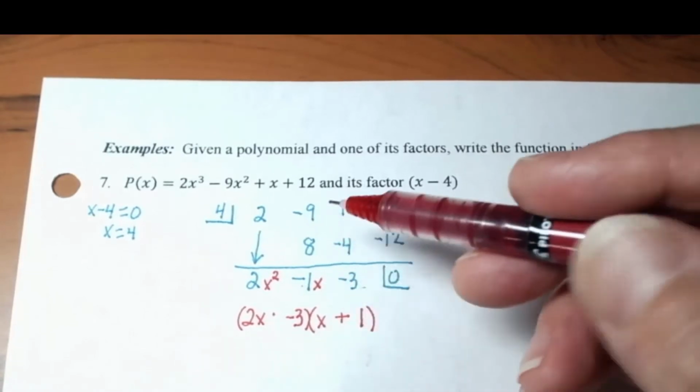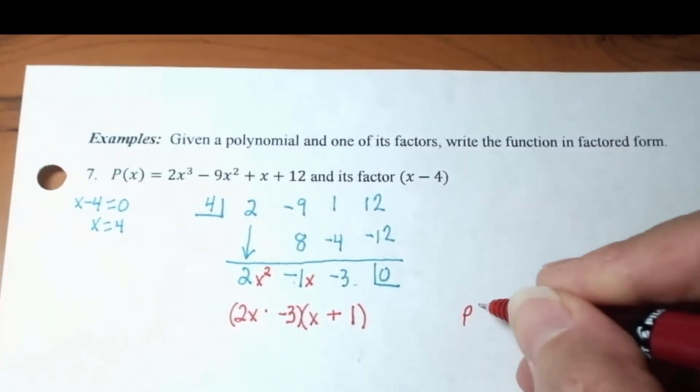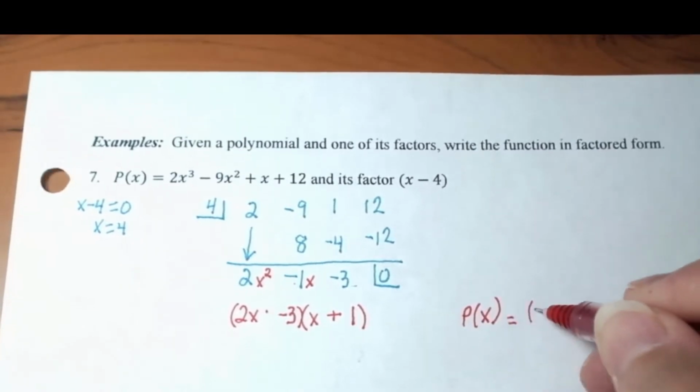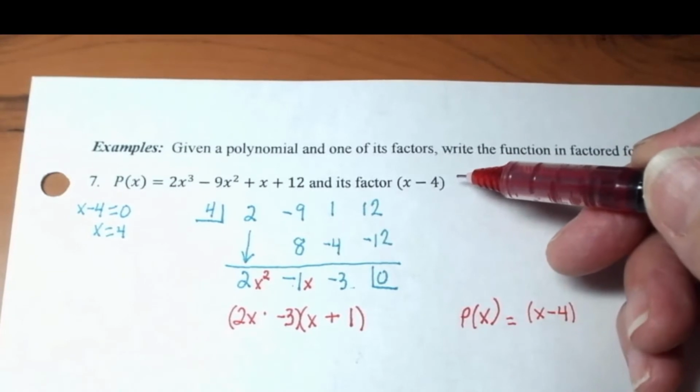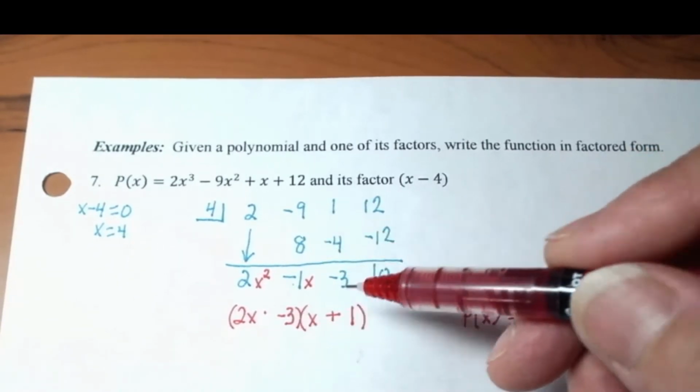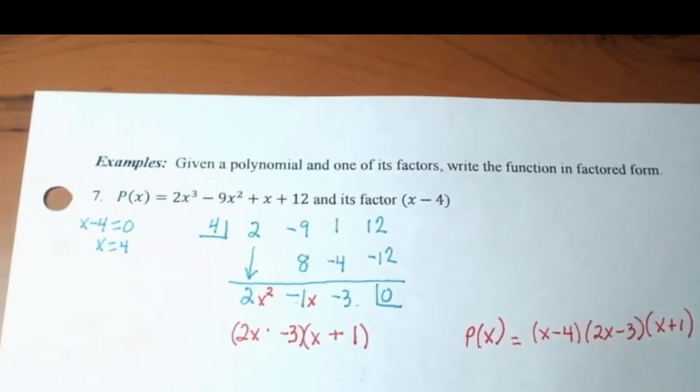So what's the factored form of p of x? Well, p of x is given by x minus 4, the original factor we were given, times 2x minus 3 times x plus 1. And there's your factored form for p.